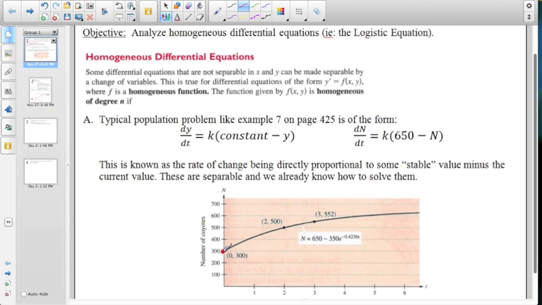And so we're just looking at some basic characteristics. Here's our initial condition. And the asymptotic behavior here is what's really important.